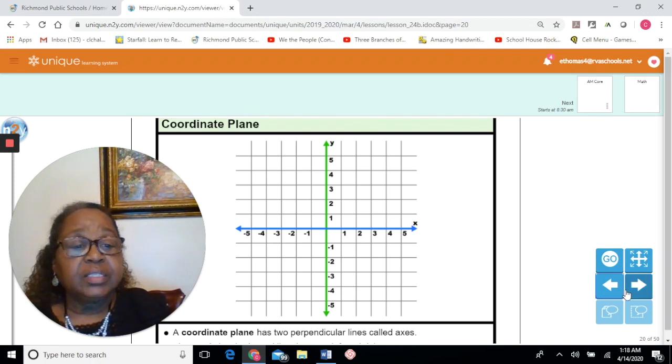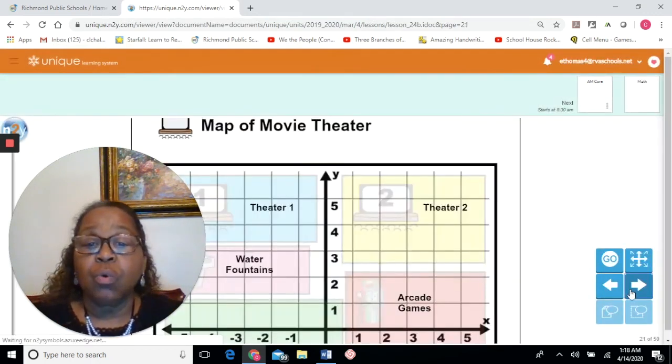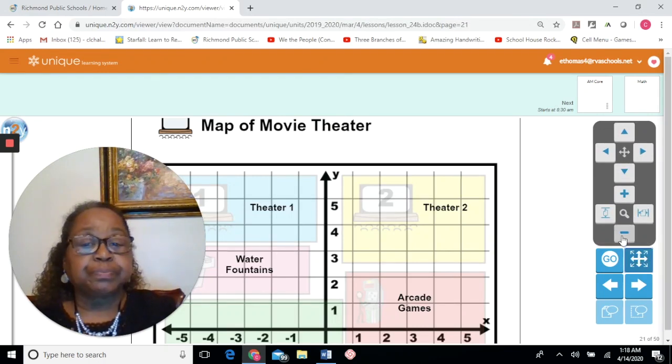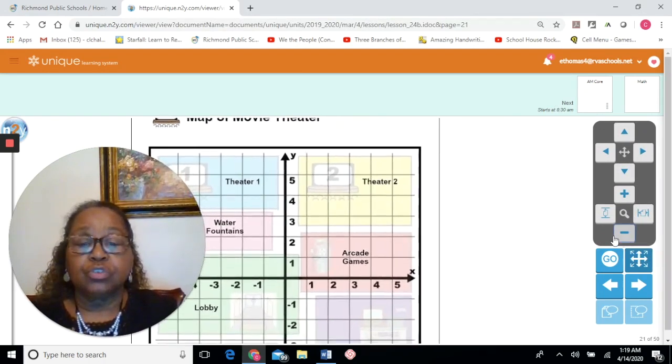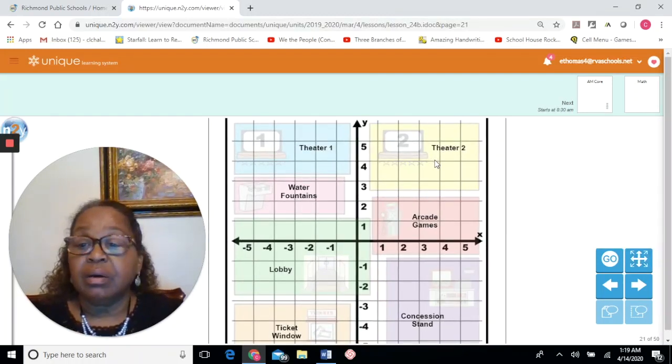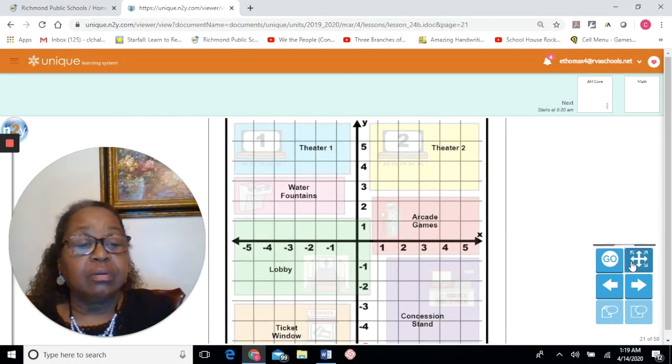Now, let's see what we could use this coordinate plane for. If we look at our screen, this is a map of a movie theater.